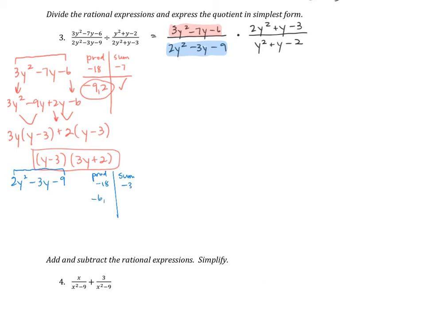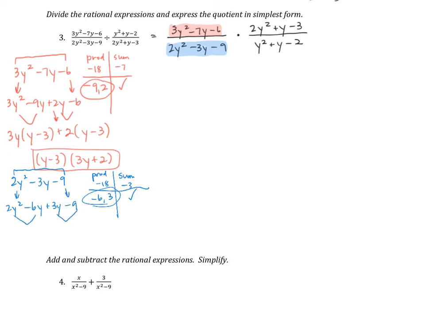So if I use negative 6 and 3, negative 6 times 3 is negative 18. The sum is negative 3, so that will work. So bring down 2y squared, then use the minus 6y plus 3y from the chart. Bring down the negative 9.